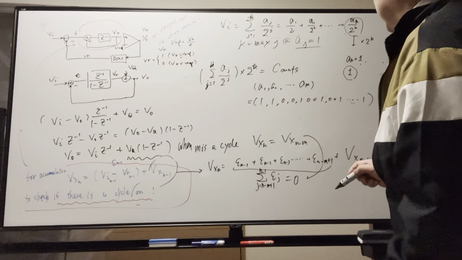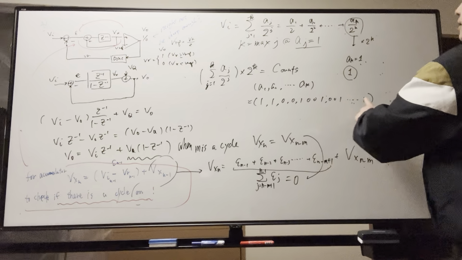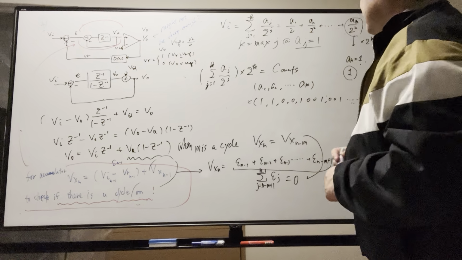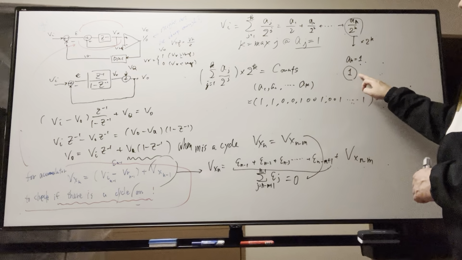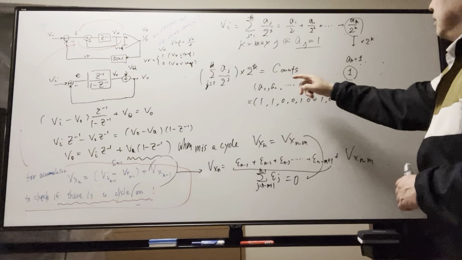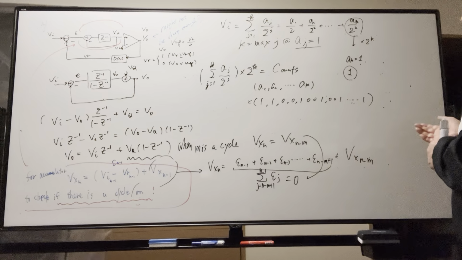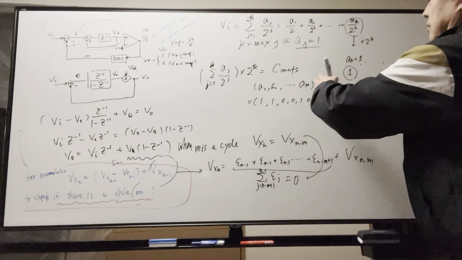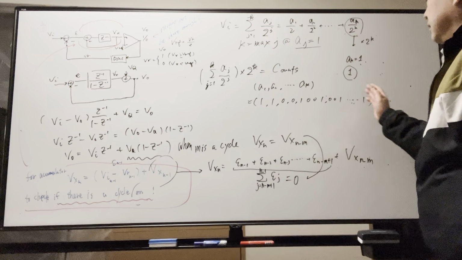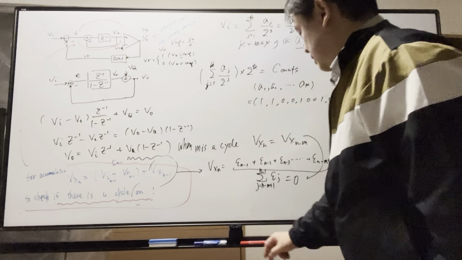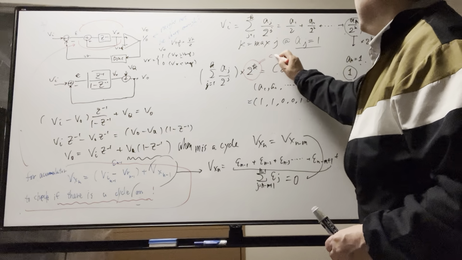The count of one bits is this value, and this is the minimum count applied. If we multiply by 2 to the k plus 1, it is once again doubled, but there is no need to double it for getting the cycle, so actually this is the cycle M.